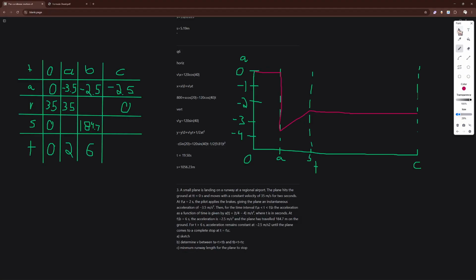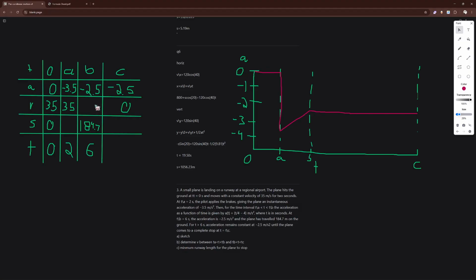Now we move on to filling out this table. We need to get V. Oh, wait, sorry. Yeah, this is V equals 0 because it comes to a stop. We need to find the velocity between A and B, and this distance, and this time.